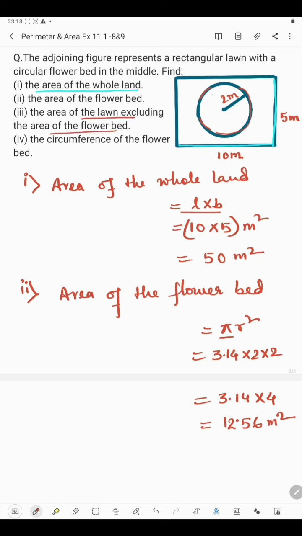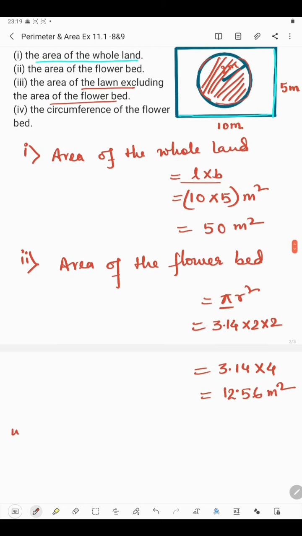That means if you remove this circular bed from the lawn, then what will be the area? So if you remove it from the area of the lawn, we'll get the area of the lawn excluding the flower bed, isn't it? So for finding this, we need to subtract the area of the circular bed from the area of the lawn.